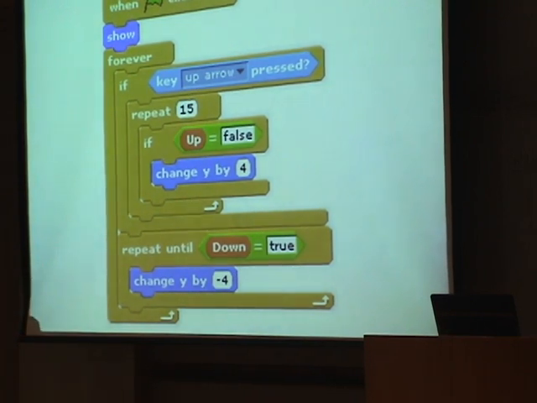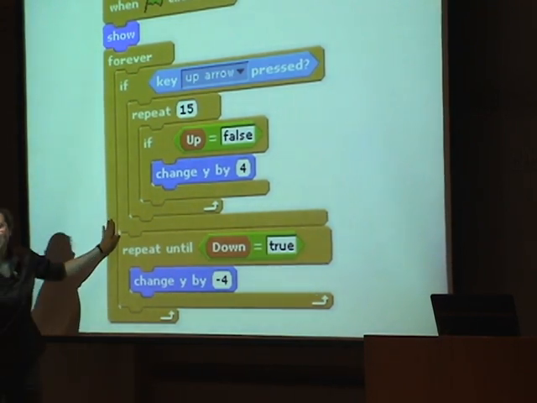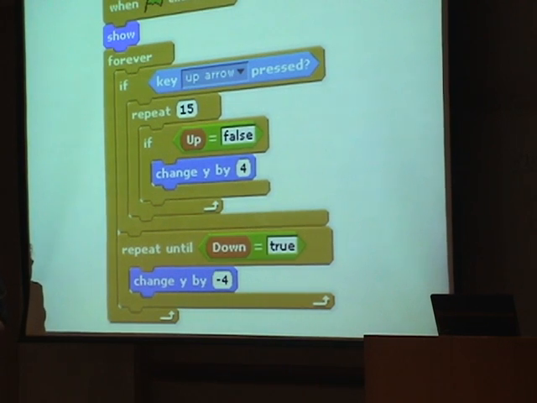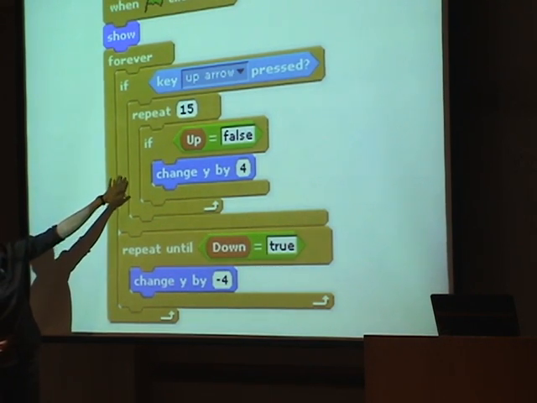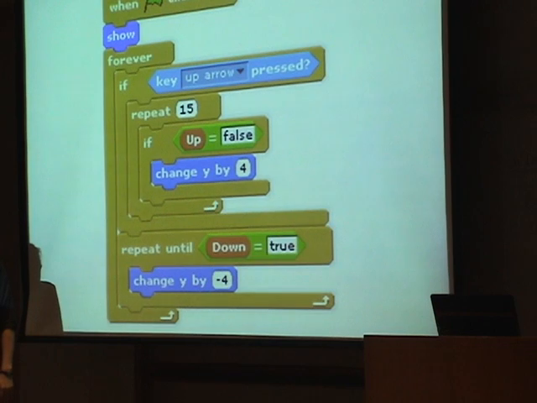Here's something your students are going to do. They're just going to leave off this forever. I think that this one is just another mistake. I think professional programmers would forget the forever when they were working on this. So the question I ask students that seems to get the response I want is, if I put a note on top of this if, how many times would it play?